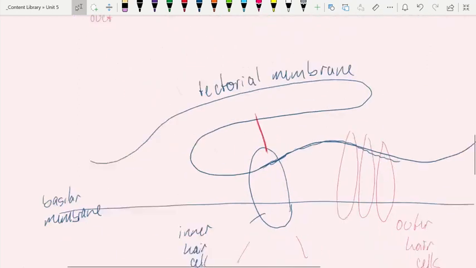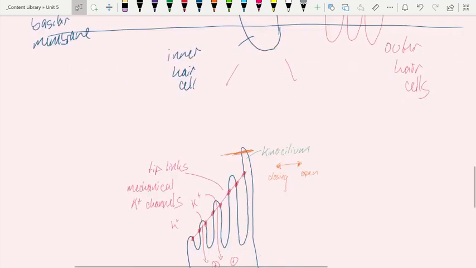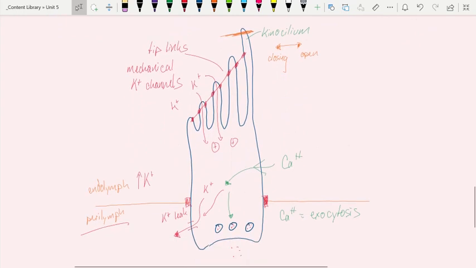And as we look at these hair cells, again, that's a shot of how the vibration of the basilar membrane moving up and down is going to wiggle these cells back and forth because of the kinocilium embedded in the tectorial membrane. That movement in and of itself is going to open and close tip links.